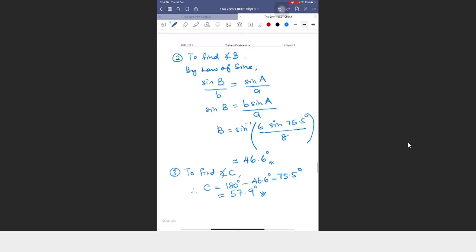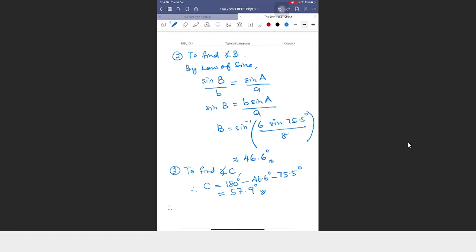Then we can conclude. Therefore, the solution is A is 75.5, B is 46.6, and C is 57.9.